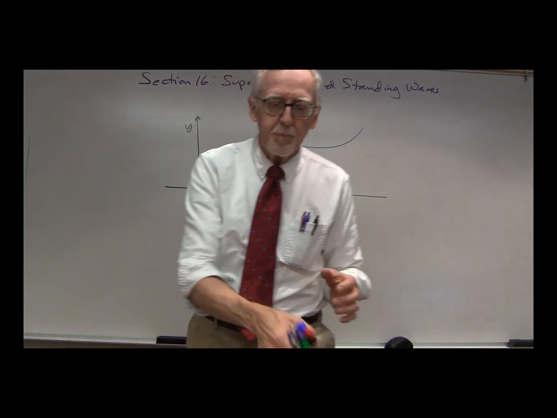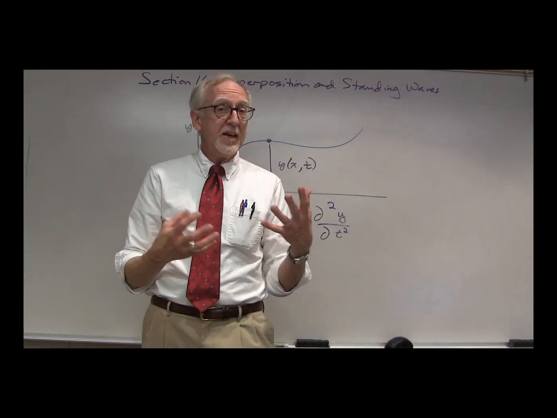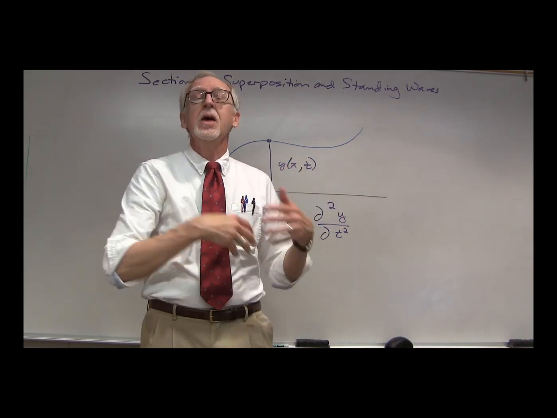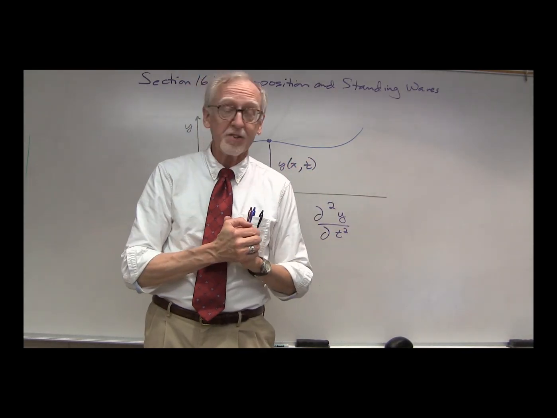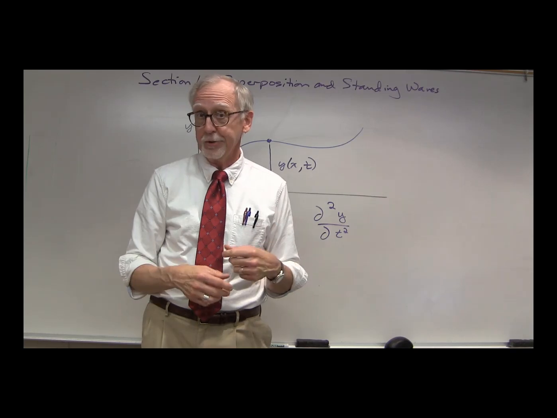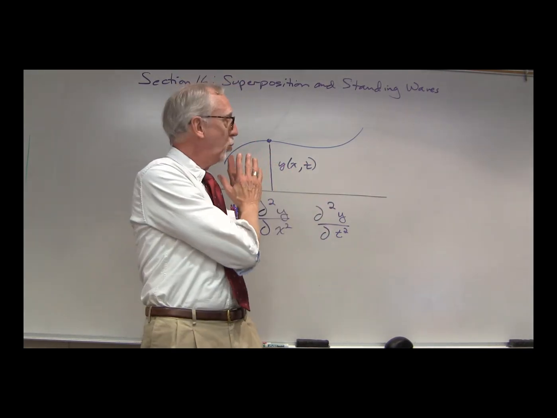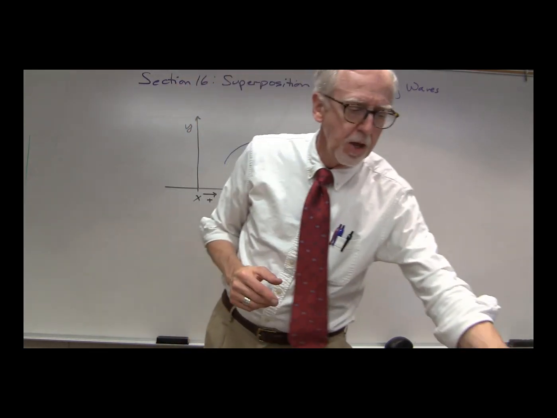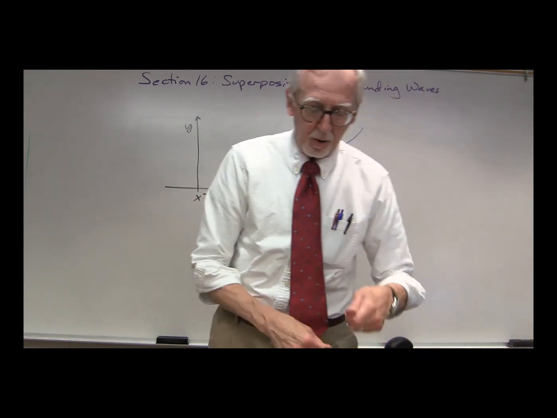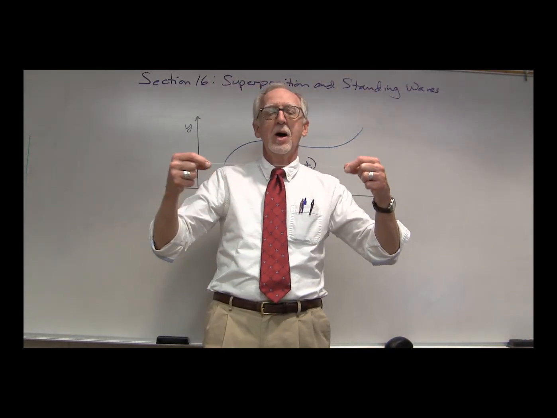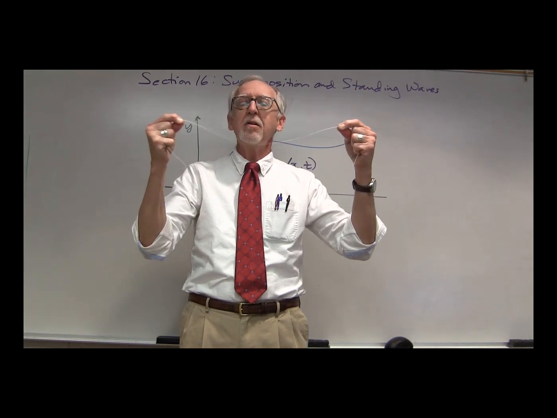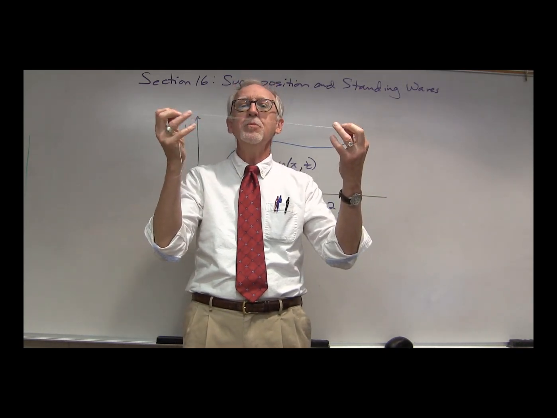Well, I'll give you a couple of qualitative ideas, and then I'll just put the answer down and we'll guess a solution. I'll just give you a solution, but we'll check the solution with our equation to make sure it works. So let's imagine we've got our medium here. Now, if we have a very light medium, a light medium can move very, very quickly.